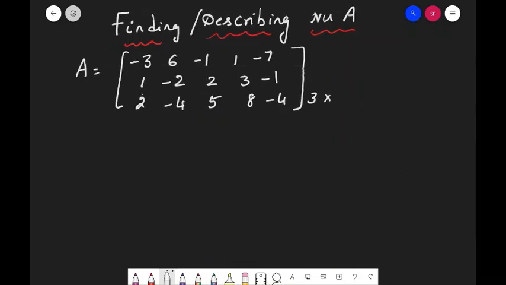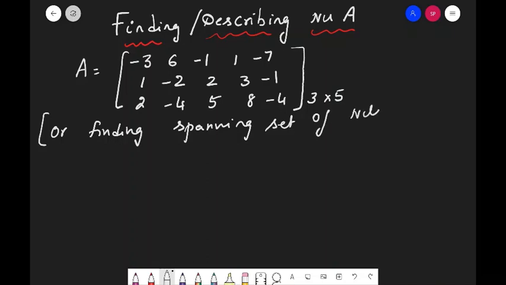You can call this problem describing a null space or finding a spanning set also. Matrix A is given, and either you are asked to find null A, describe null A, or find a spanning set for null A. We'll do the same.